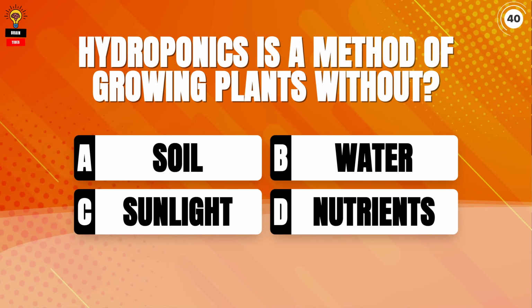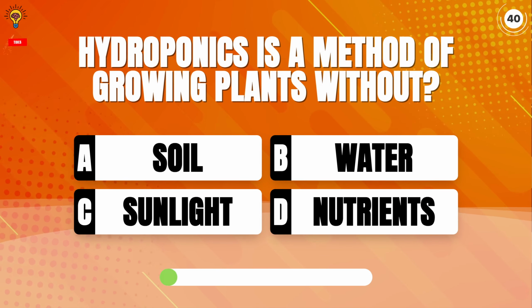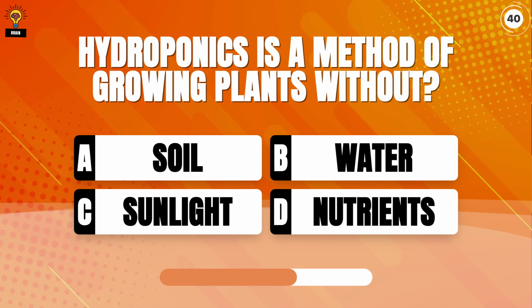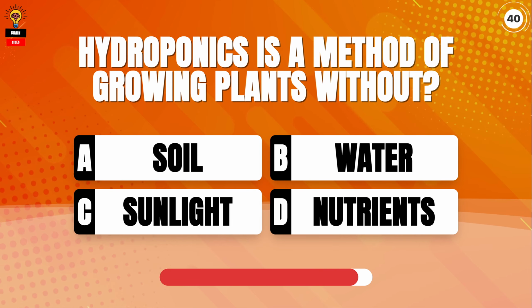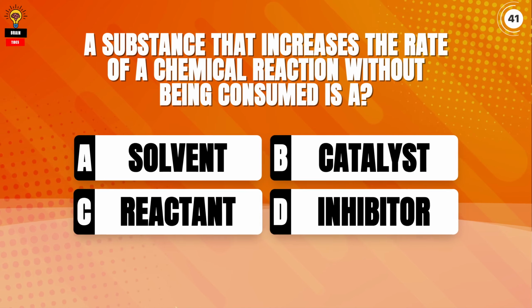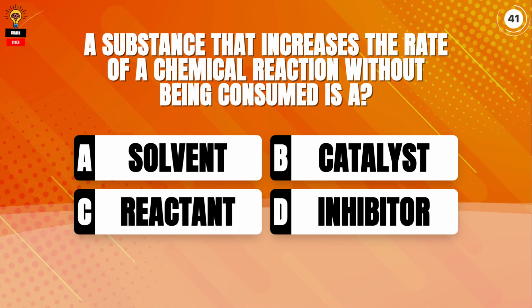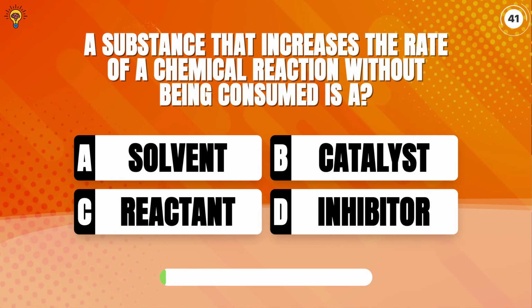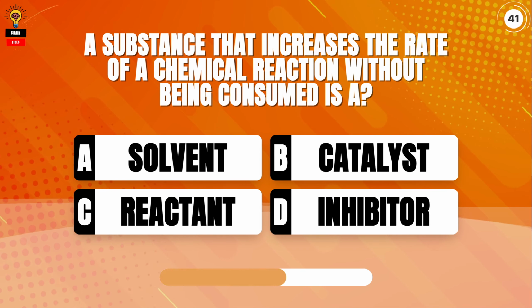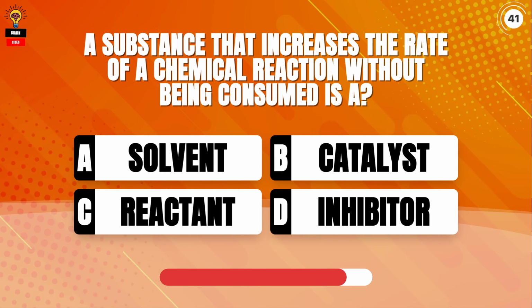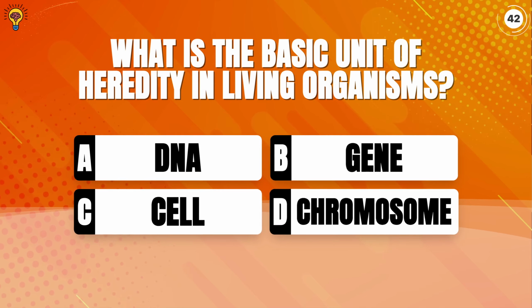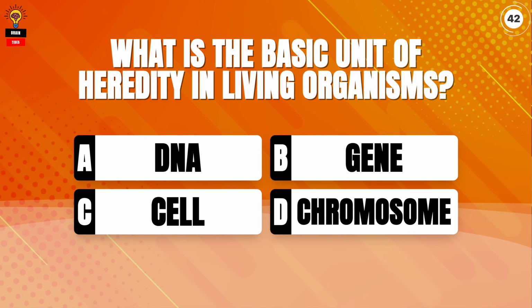Hydroponics is a method of growing plants without soil. A substance that increases the rate of a chemical reaction without being consumed is a catalyst.